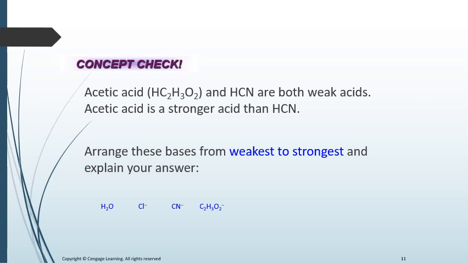Okay, so as we begin to look at this, key significant parts to this, remember our big takeaway concept: the stronger the acid, the weaker the conjugate base.